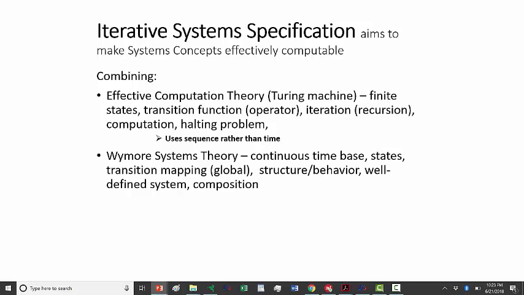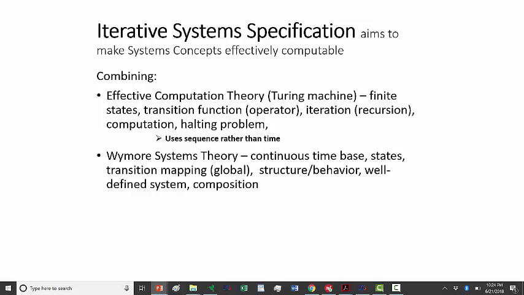The difference between the two is that computation theory in computer science doesn't really have a concept of time in how it treats sequences of states or events, while system theory has a time base, putting everything on a global time base.